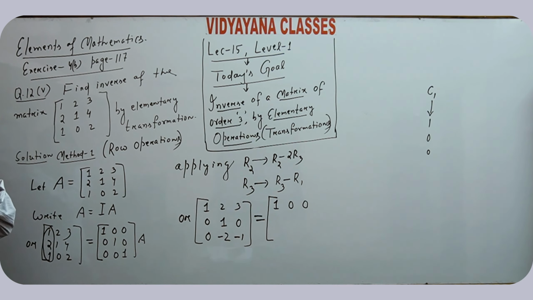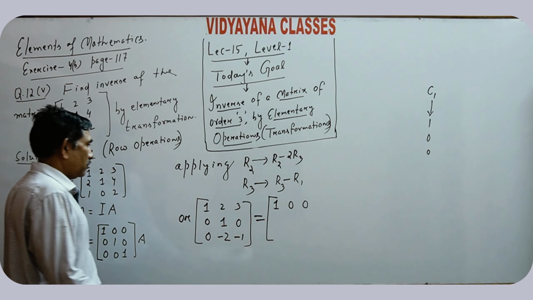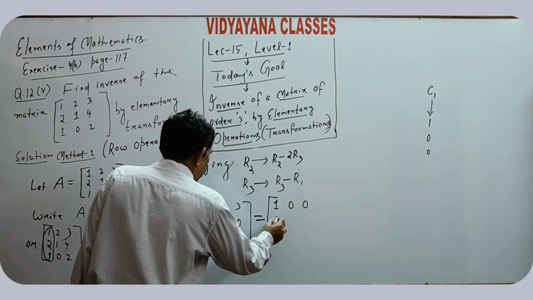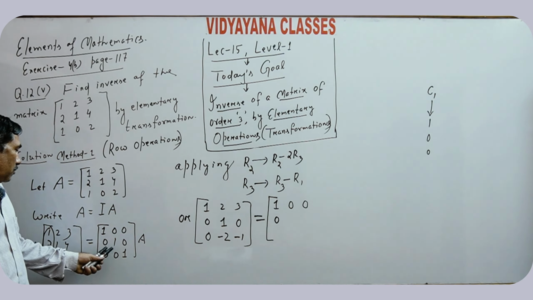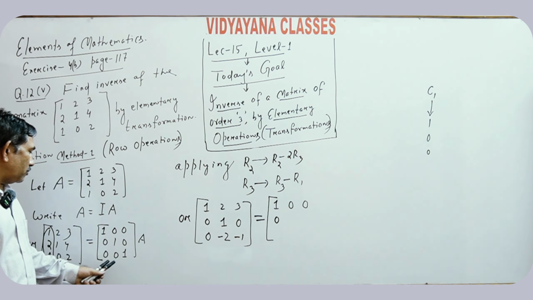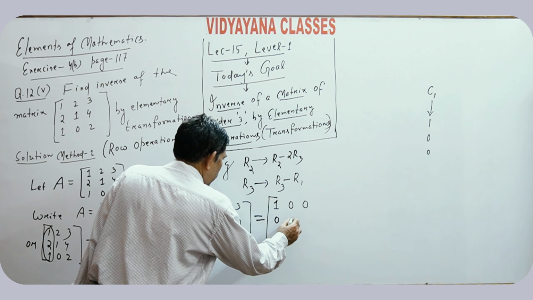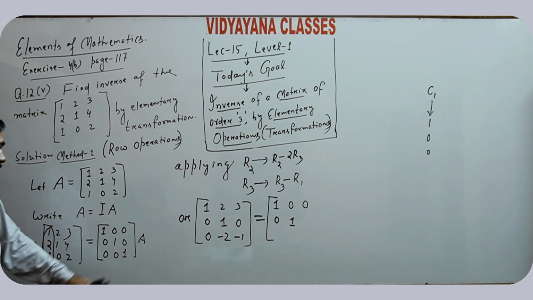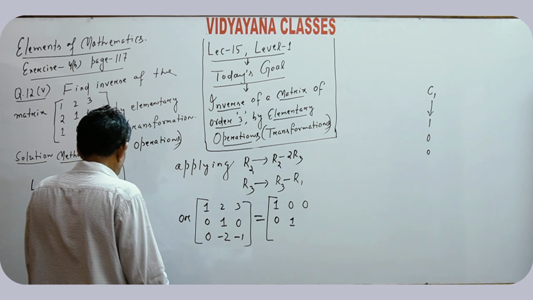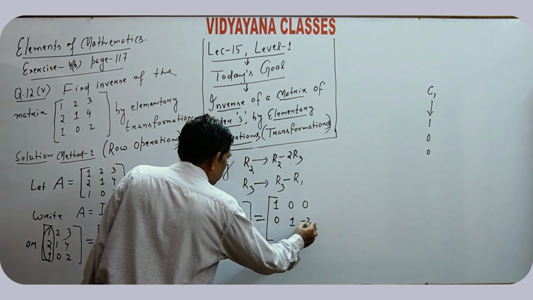Row 2 is replaced by row 2 minus 2 times of row 1, that is equal to 0. 1 minus 2 times of 0 is equal to 1. 0 minus 2 times of 1 is equal to minus 2.